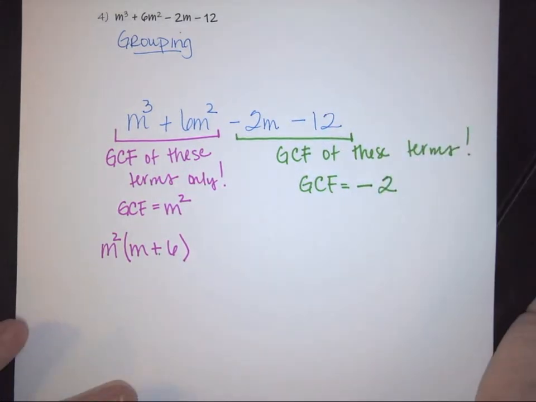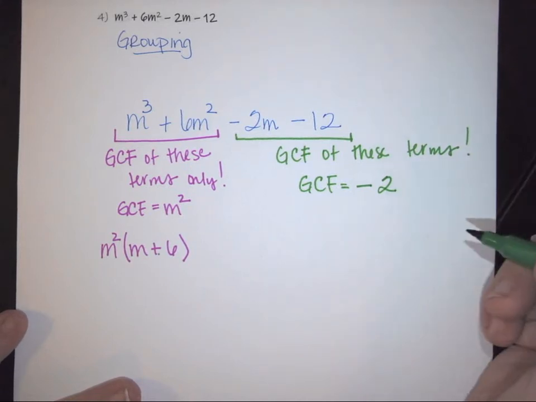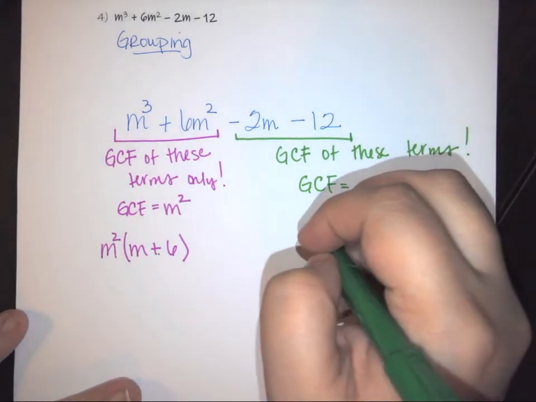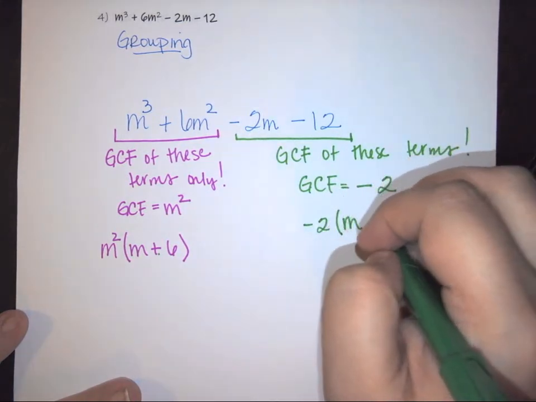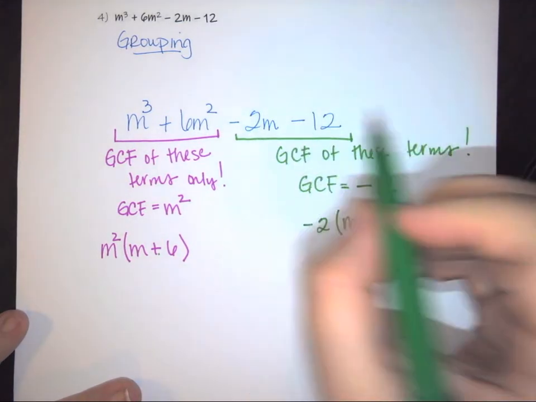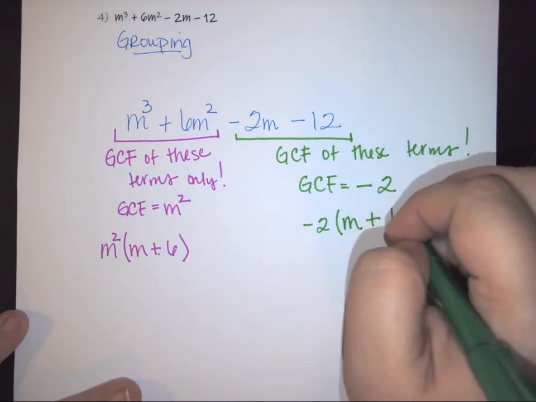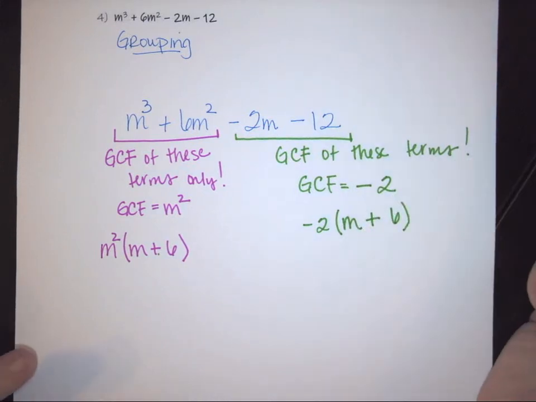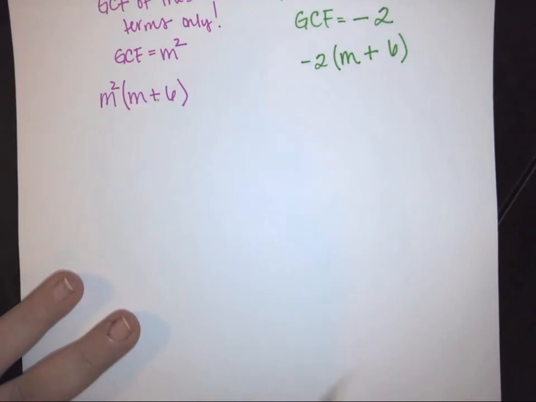So my hope is that if I pull out a negative 2, I get m plus 6 on the inside. So this is going to give me negative 2 on the outside, leaves me with an m. My sign here is going to change to positive, and 12 divided by 2 is 6. So notice my 2 factors are exactly the same, which means I did do things correctly.